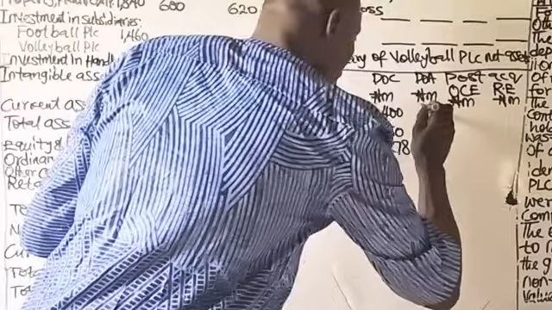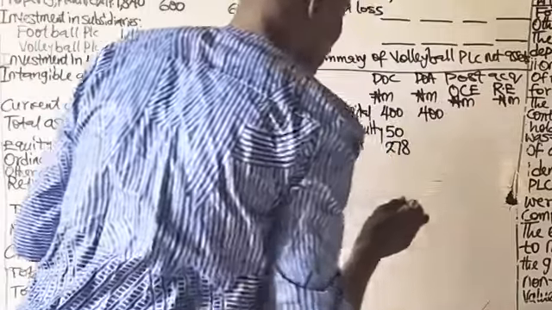So what you have as ordinary shares in DOC, the same amount will be repeated in the DOA column.